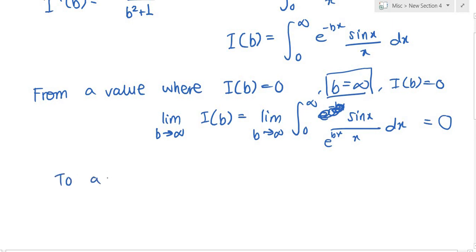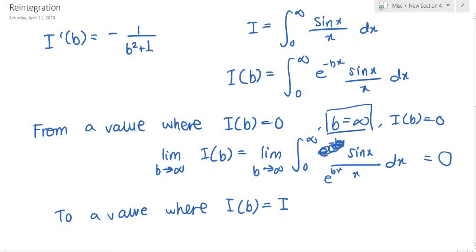And to a value where I of b is equal to our original I. And when is that true? When b equals 0, right? Because e raised to 0 is 1. And when we have a 1 here, we just have 1 times sine of x over x, which is sine of x over x.